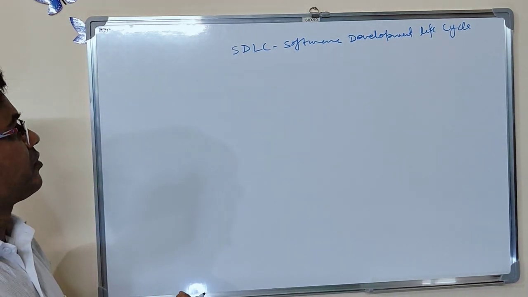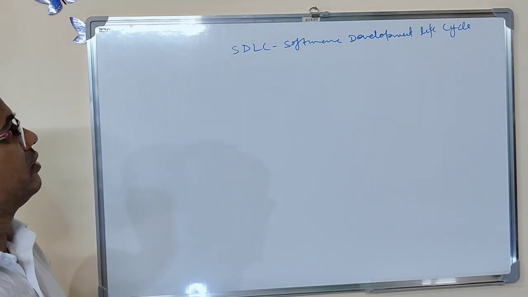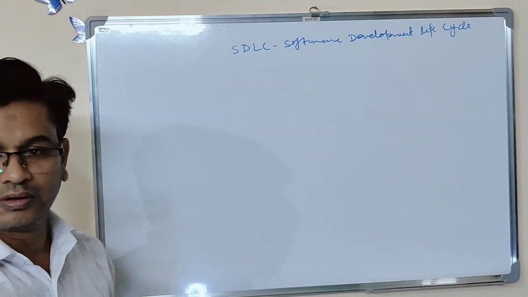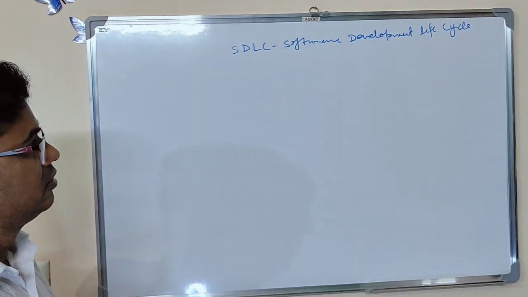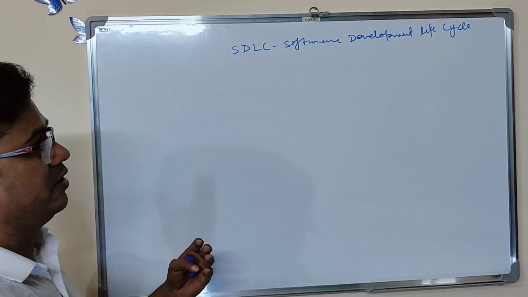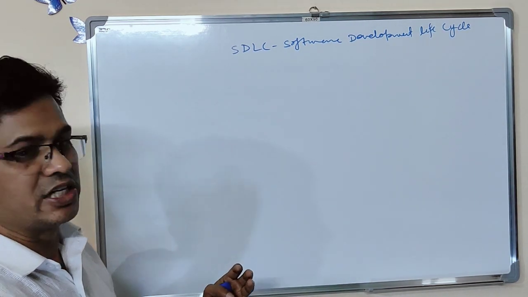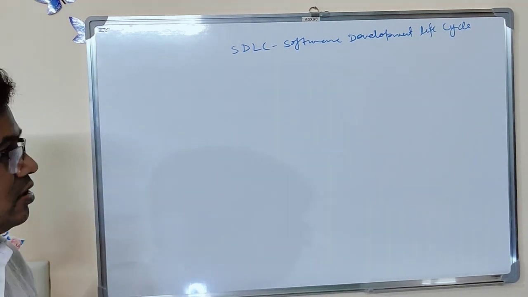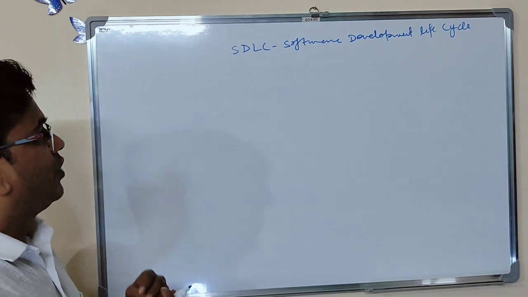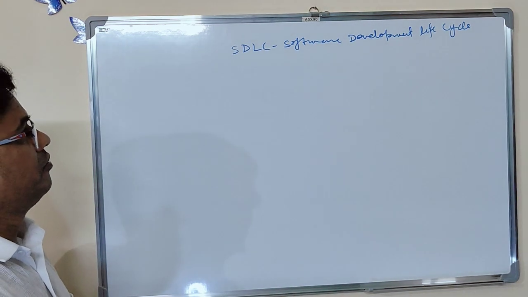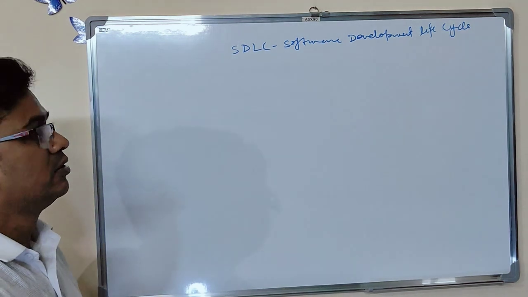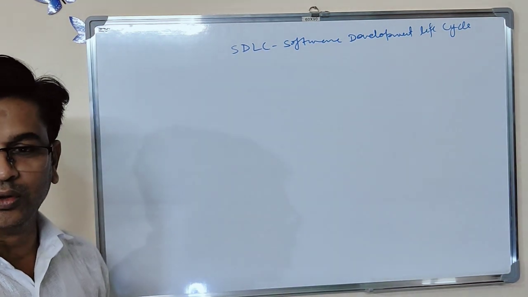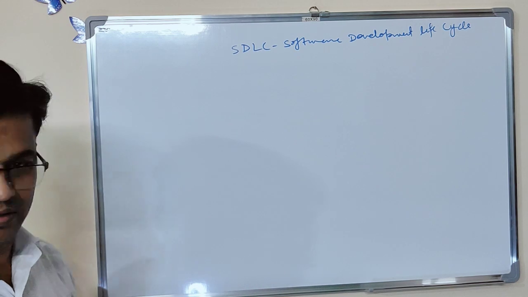So if you are googling this topic, you can find a lot of classifications based on different search pages. Okay, the one which I will try to explain to you is according to IEEE standards.